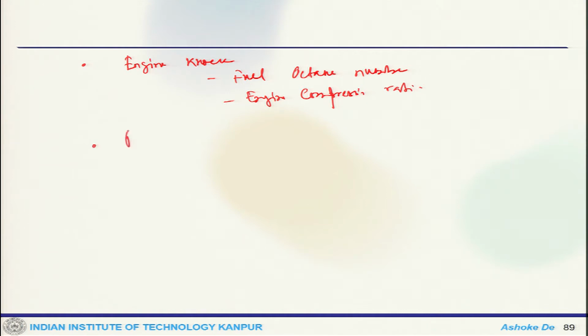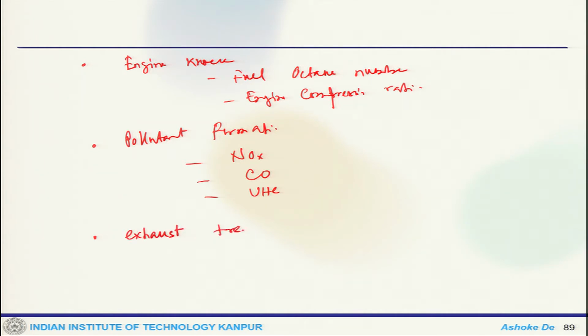Then you have pollutant formation: NOx, CO, UHC. Finally, you have exhaust treatment, which is your catalytic converter and all these things.